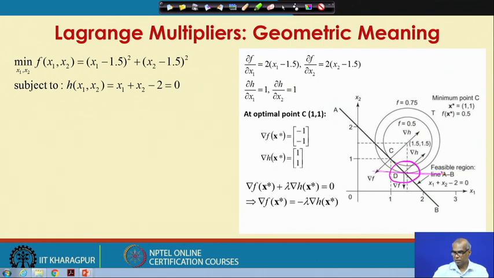But remember, the gradient vector will be pointing in the direction of increasing objective function. It will be tangent to the point on the contour. Similarly, the constraint vector will also be tangent to the point on the constraint line or constraint curve.